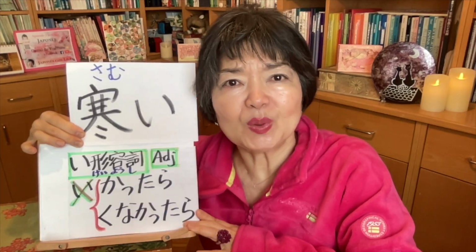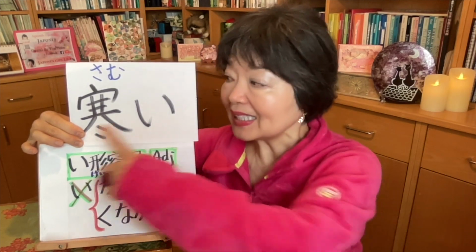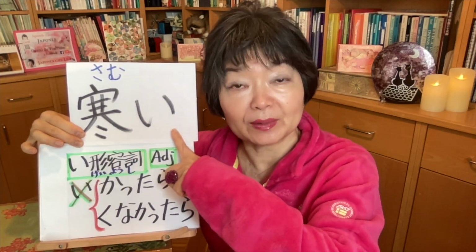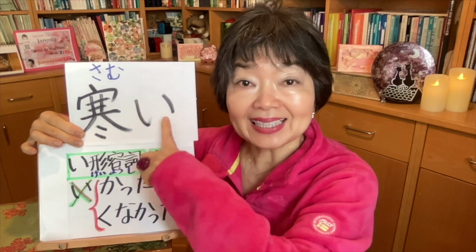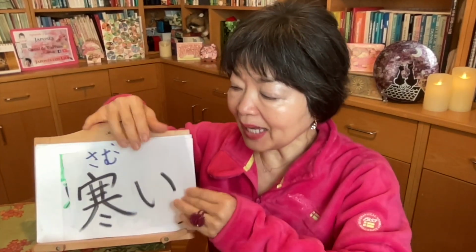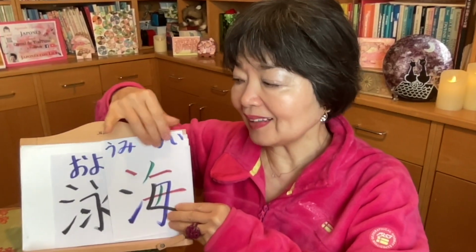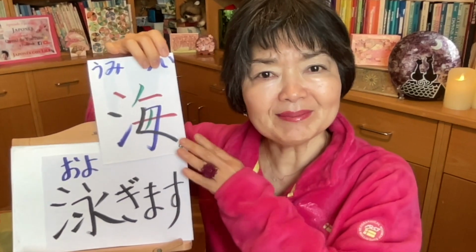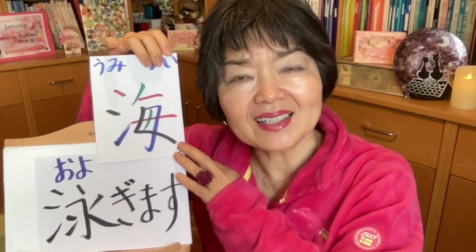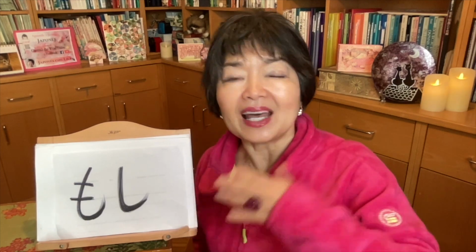If it were cold or if it is cold, 寒い this is cold, the weather. And without い寒かったらもし寒かったら海で泳ぎません. Here, using もし this adverb もし this is I emphasize the meaning if it were cold.